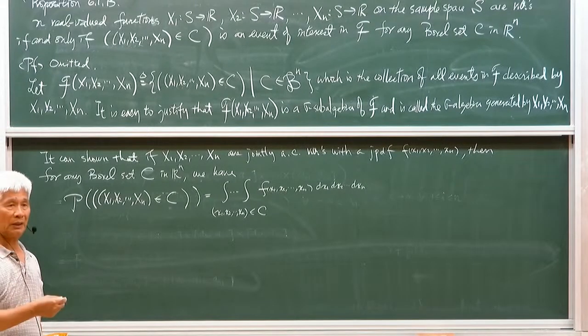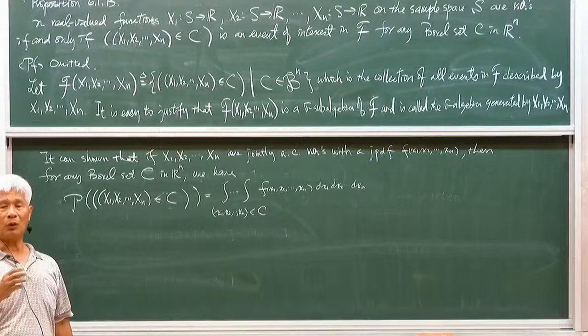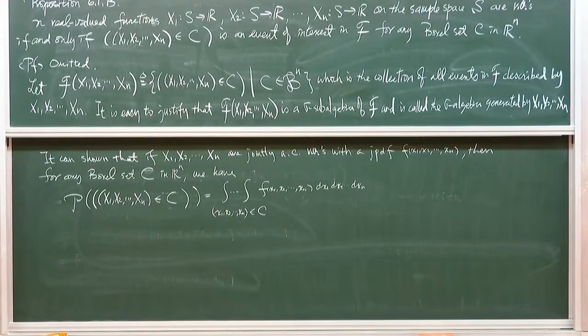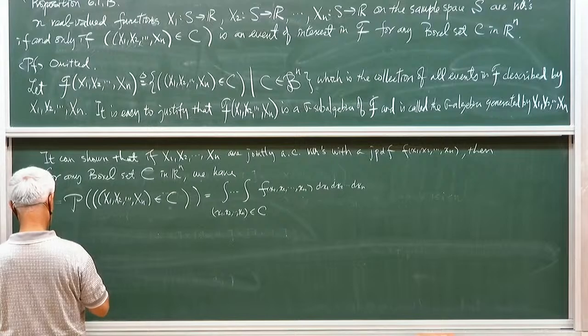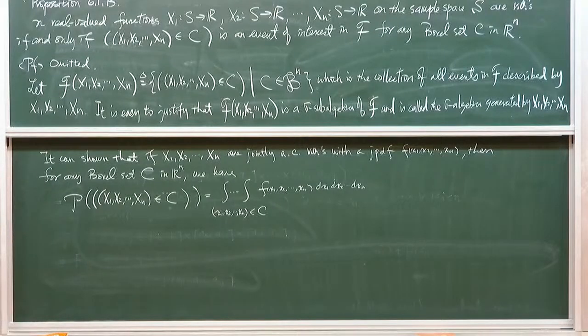Or you can do some ordering of n random variables. We talked about that if the data processing function is Borel measurable, then the result of data processing is again another random variable.